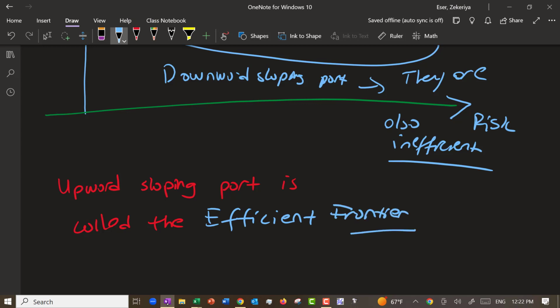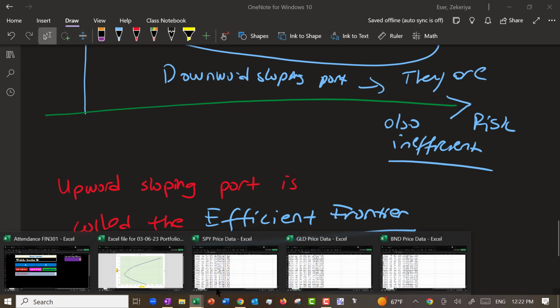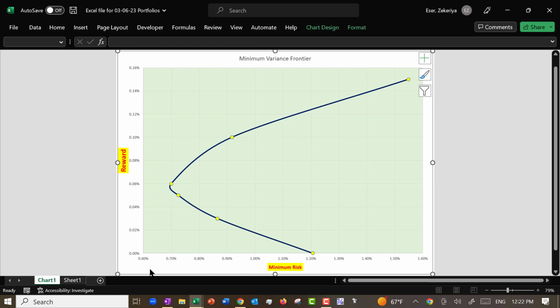In order to get a higher return, you have to be willing to take higher risk, okay? In markets where people are not stupid, where they do not hold inefficient portfolios. If you have an inefficient portfolio, you don't have to assume higher risk in order to get a higher return. But the trouble is you shouldn't have been there in the first place.